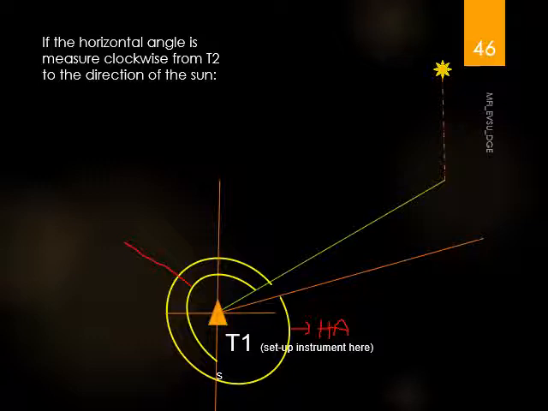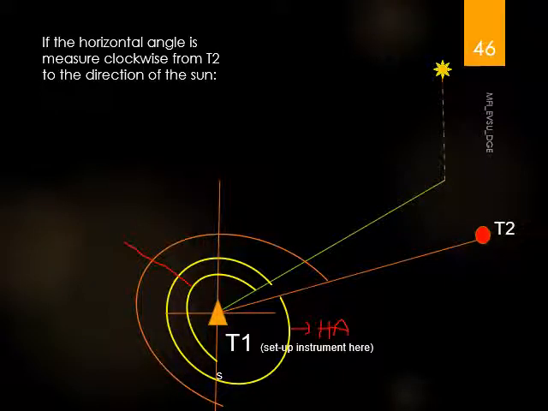To determine the azimuth of the line 1 to 2, yung difference ng angle, you get this angle, 360 minus the mean horizontal angle, plus your azimuth of the sun. You can now determine the azimuth of the line from T1 to T2.